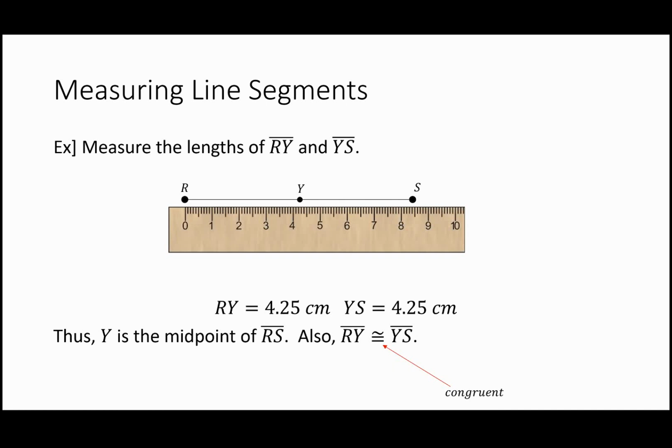In fact, we define congruency in terms of this concept explicitly. If two line segments are congruent, then they have equal measures. And the reverse is also true as well. We will see an explicit re-examination of that very fact a little bit later in this lecture video.